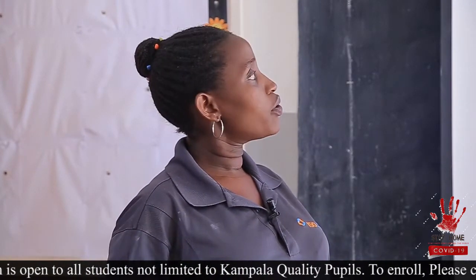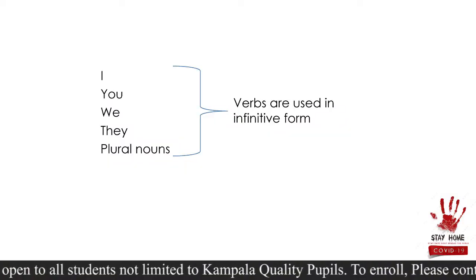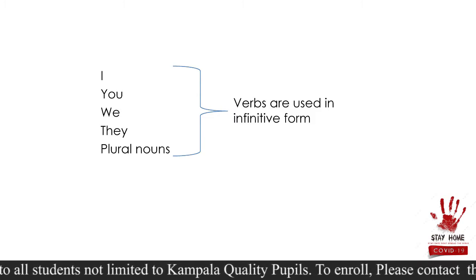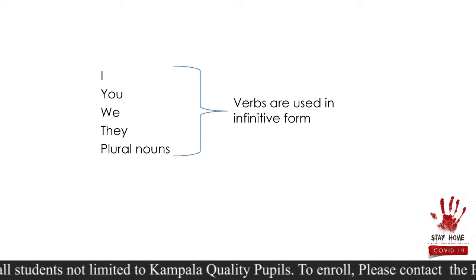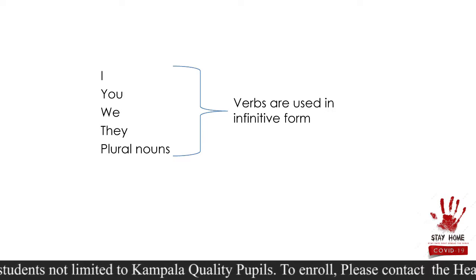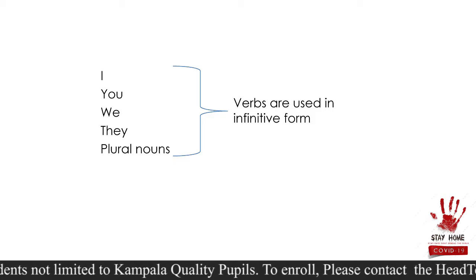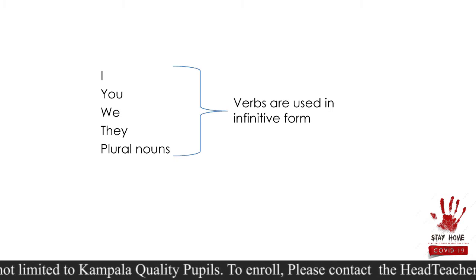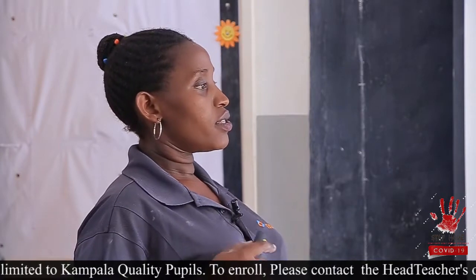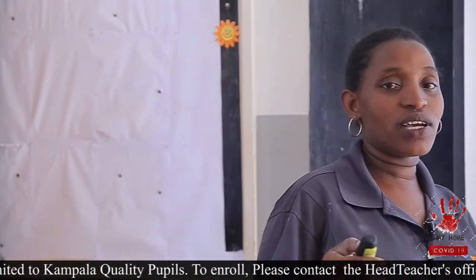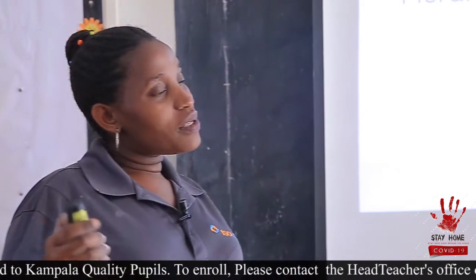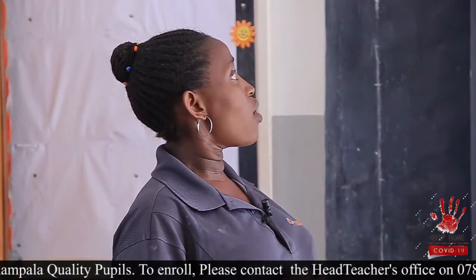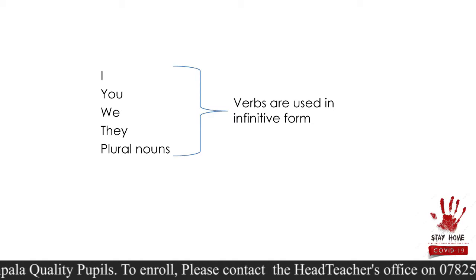When we come to this side, we are looking at the first person and the second person. When we talk about I, you, we, they, and plural nouns, verbs are used in the infinitive form. Verbs used with the first person, for example, I, we don't add anything.